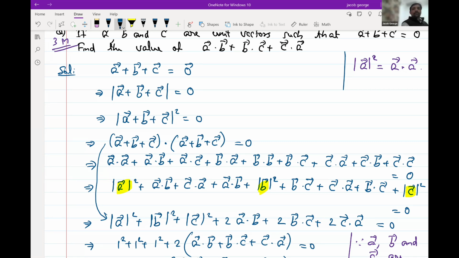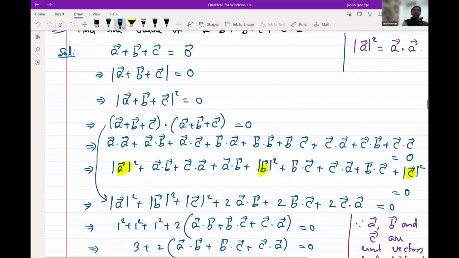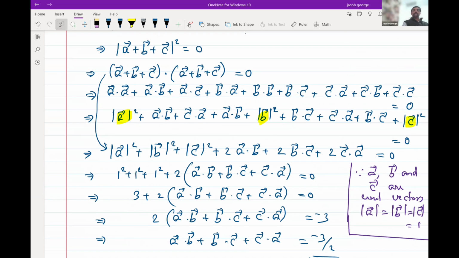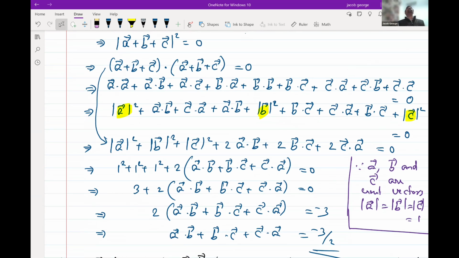Then magnitude of each vector is 1. So we get 1 squared plus 1 squared plus 1 squared plus 2 times the remaining part. So 2 times this will be minus 3.